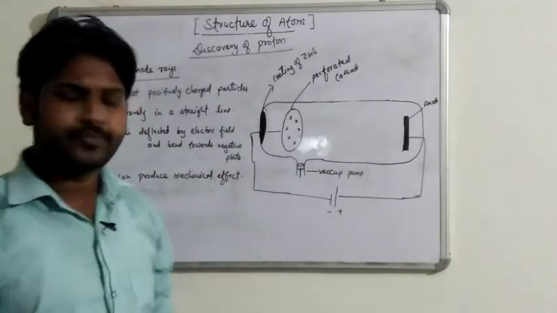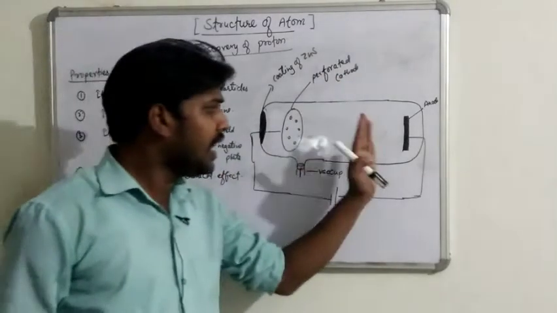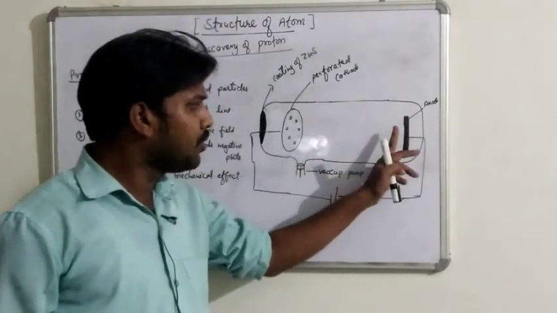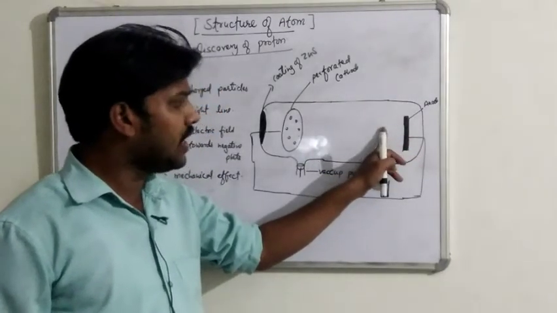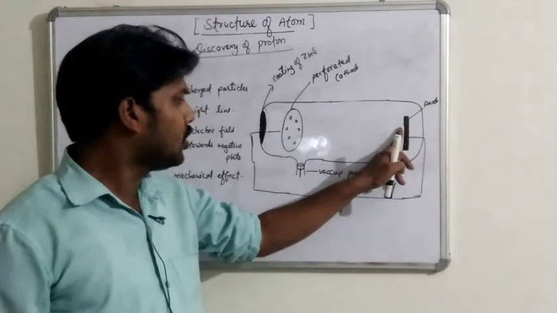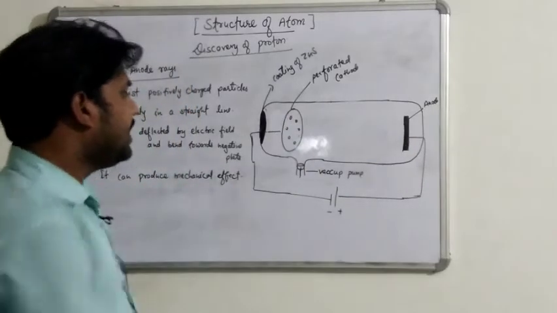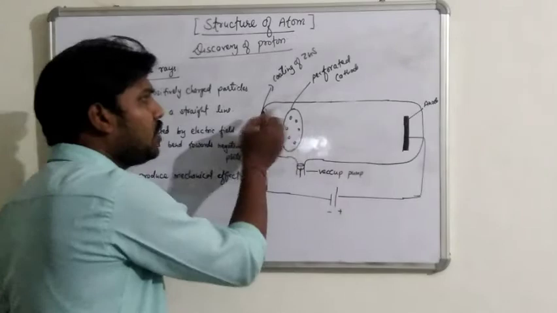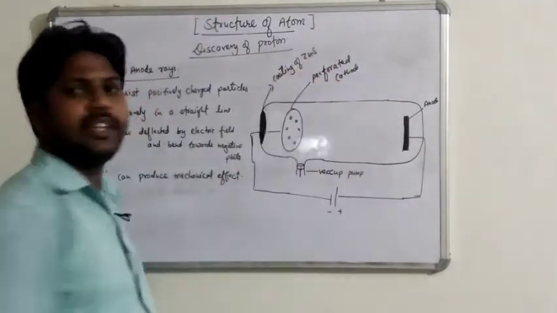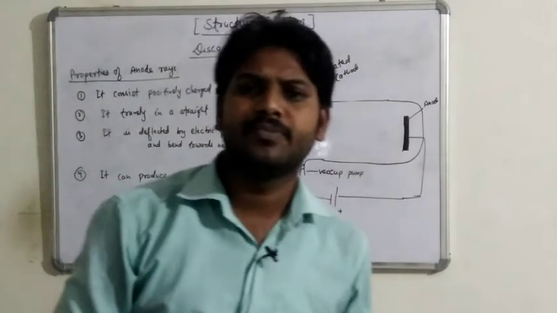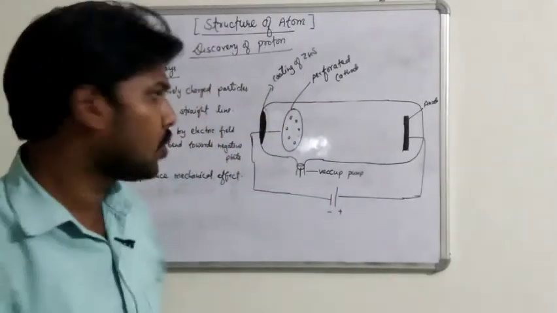So when anode rays start moving from anode to cathode, and these rays strike the zinc sulfide, it glows. Clear, students? It glows.